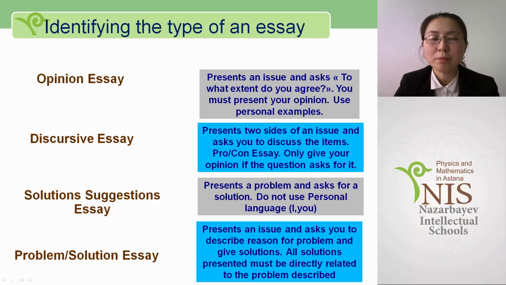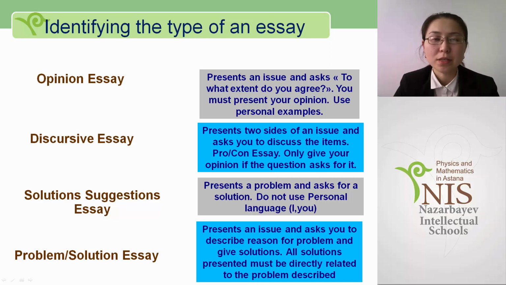The first is opinion essay. Opinion essay usually presents an issue and asks, to what extent do you agree? You must present your opinion and you use personal examples in your opinion essay.